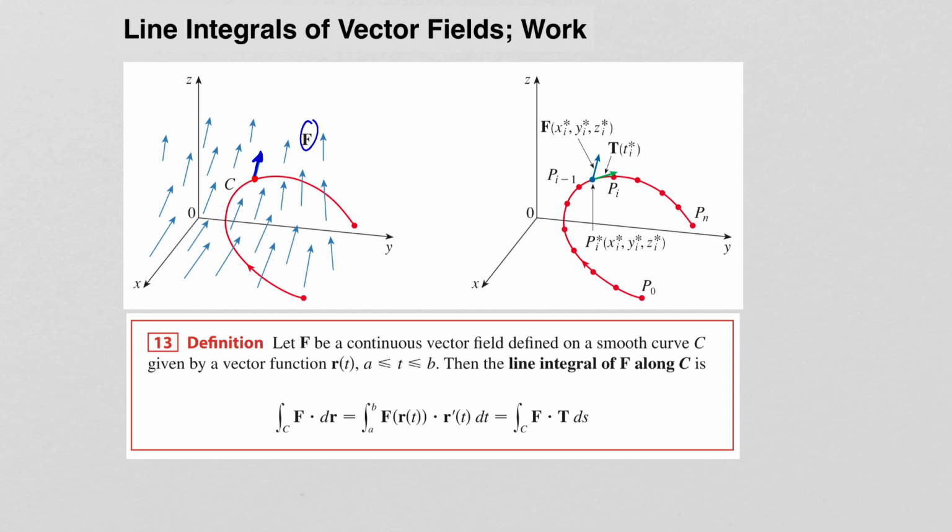Now, if we use a unit tangent vector here, we can change this into the dot product of the vector field function with the unit tangent vector multiplied by ds, which of course is the arc length. Let's do an example.